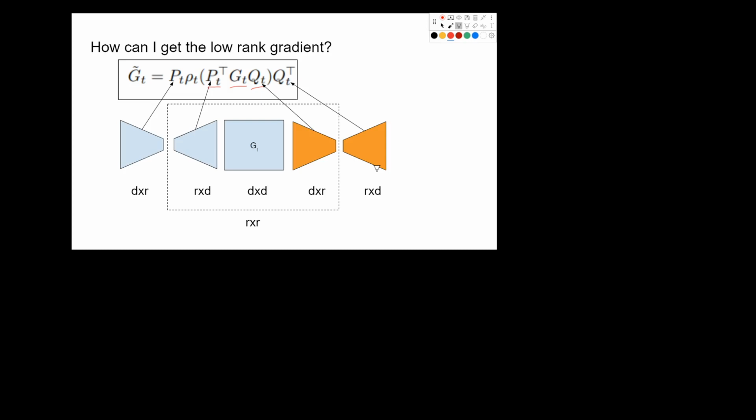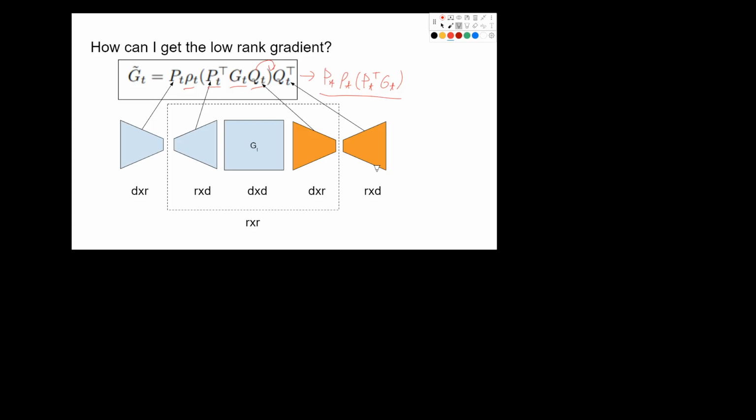So in this way, we can actually use the PT rho T PT transpose GT, and we move the Q outside the Adam algorithm. So it will become the QT and the QT transpose, and this is actually 1. So we use this formula to update the gradient.